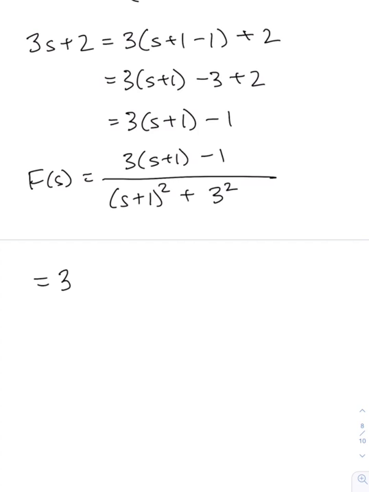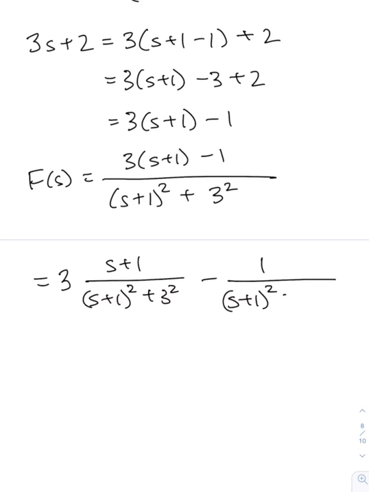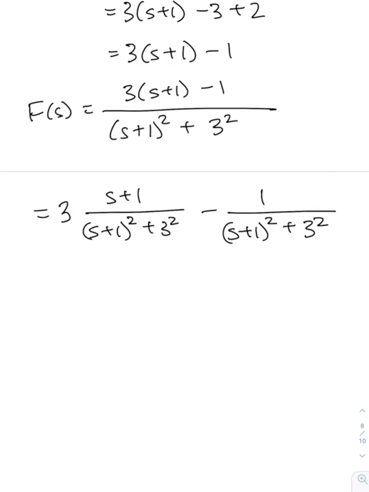So I have 3 times (s plus 1) over ((s plus 1) squared plus 3 squared) minus 1 over ((s plus 1) squared plus 3 squared). I'm almost there. Now, when you get used to this and you do these examples, some of this algebra you'll do mentally, but I'm trying to show every step along the way.